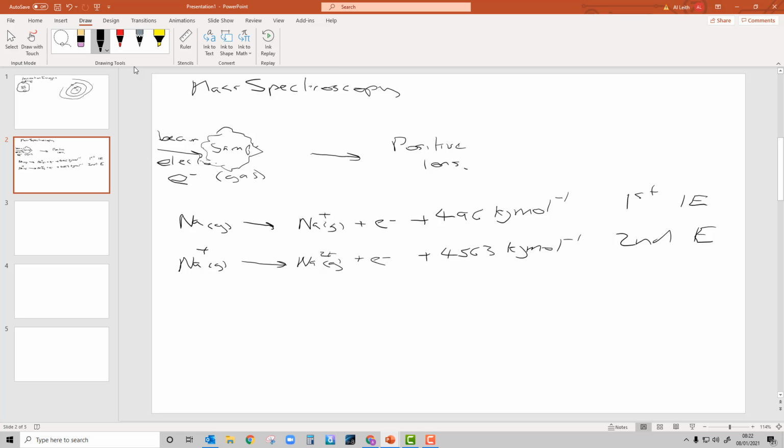Let me now nip down and put down the third that we've got. So now we're going to nick an electron from Na2+. So sodium has already lost 2 electrons, and we're going to go to Na3+.